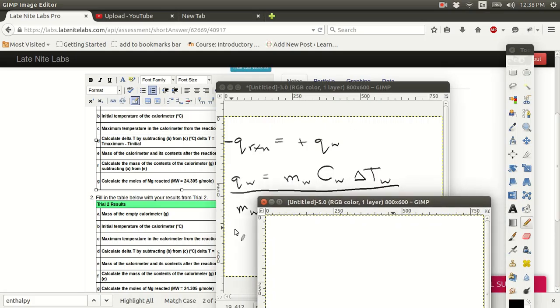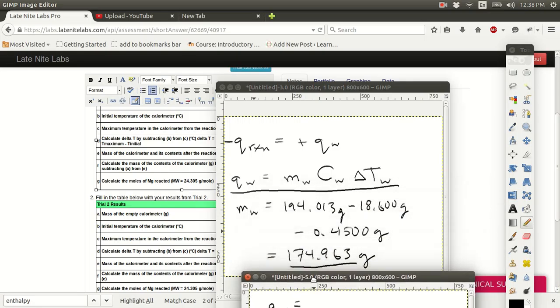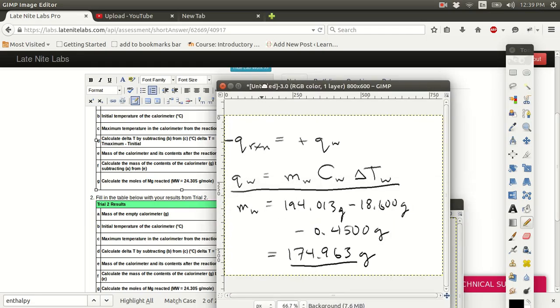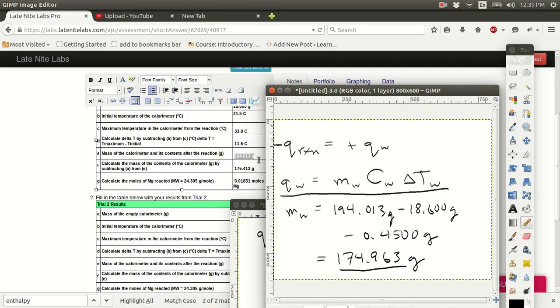Okay, now the Q of the water is equal to the mass of the water, which was 174.963 grams for me, times the C of the water, which is 4.184 joules per gram per degree Celsius for anybody, times the change in temperature, which was 11.5 degrees Celsius for me.